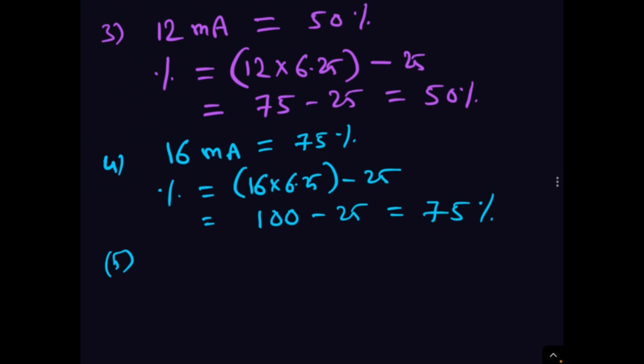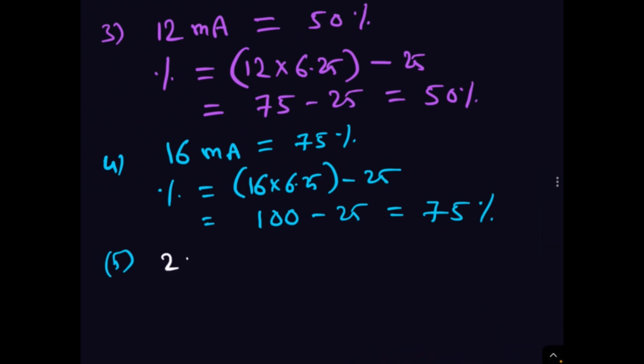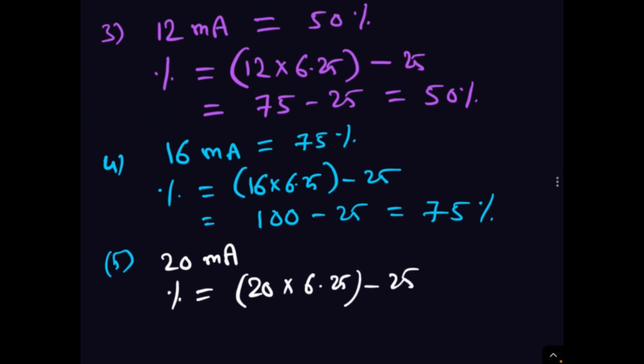Next, fifth one, how much is it? 20 milliamp. So percentage is equal to 20 multiplied by 6.25 minus 25, which is 20 multiplied by 6.25 is 125, minus 25, that is equal to 100%. So 20 milliamp is equivalent to 100%.